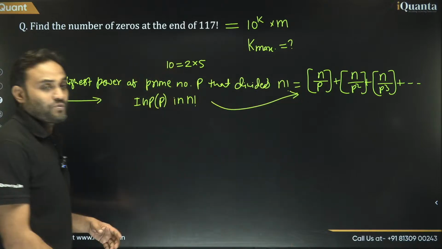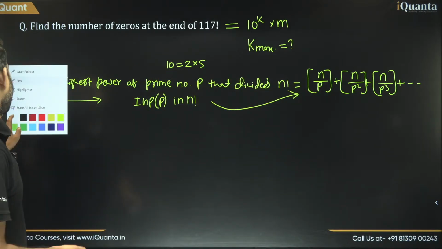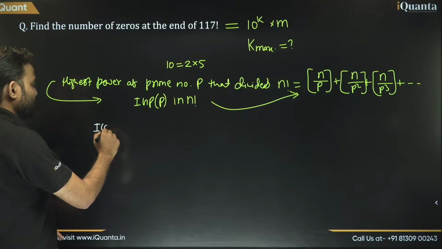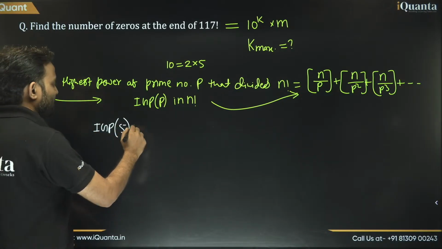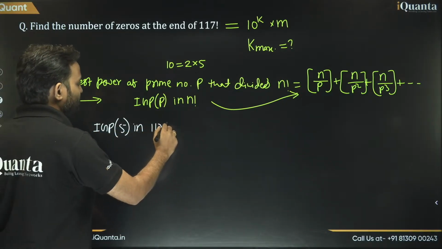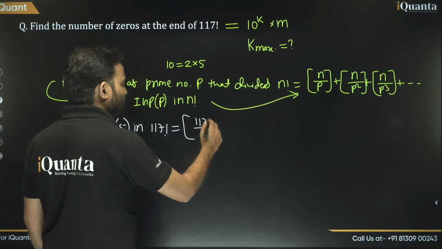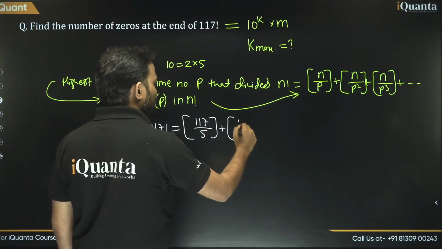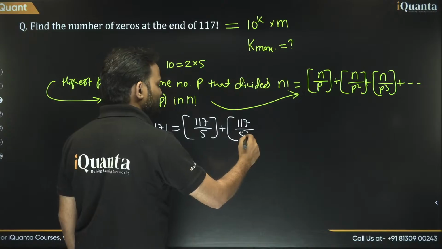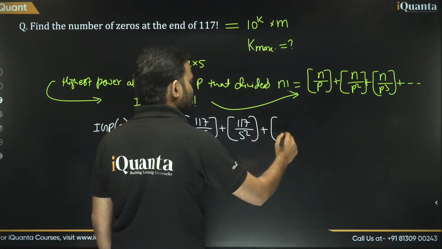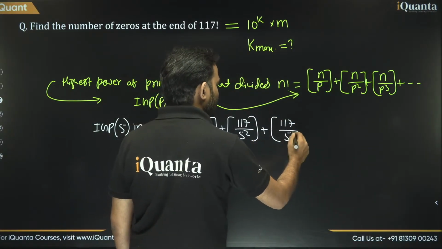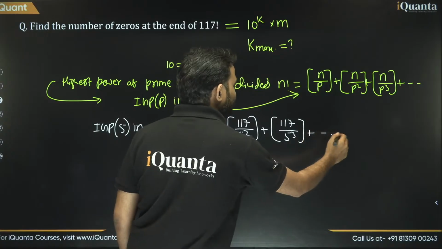So what is the IGP of 5, the index of greatest power of 5 in 117 factorial? It will be equal to 117 upon 5 plus 117 upon 5 square plus 117 upon 5 cube, till we are getting integral values.